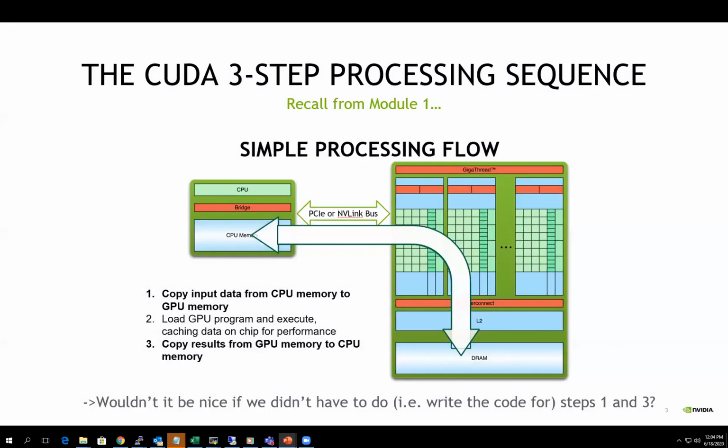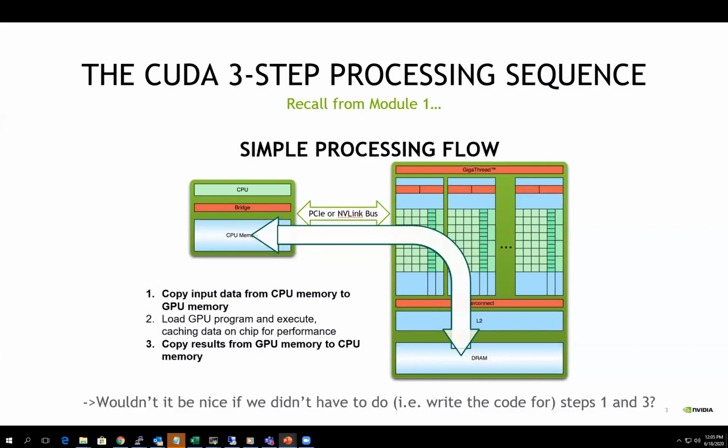So what is the idea behind unified memory? I'd like to start with a motivation, an idea that we're trying to achieve. You may remember from our very first session that essentially any program that uses the GPU for computational tasks has a three-step sequence embedded somewhere in it.